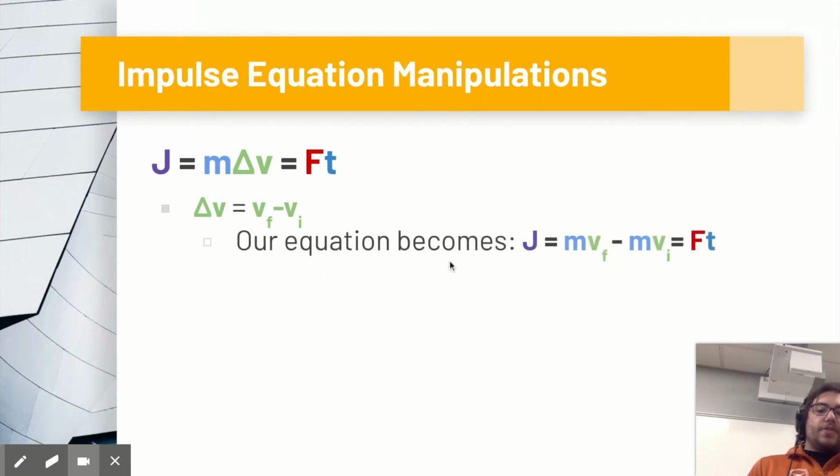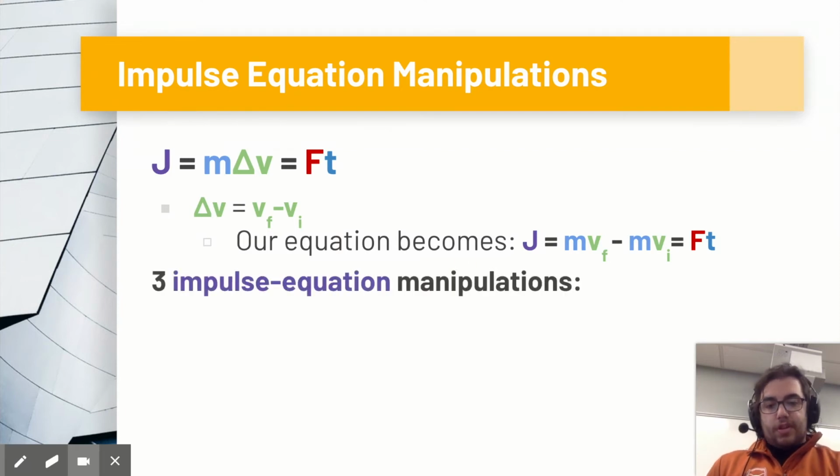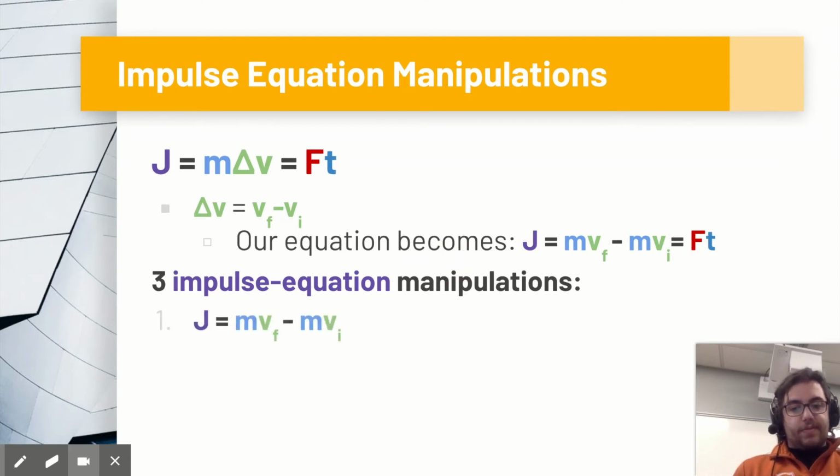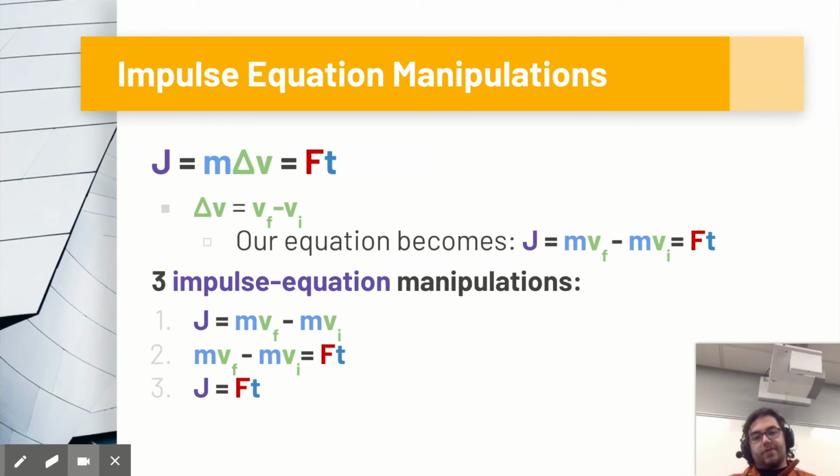And so our equation becomes J is equal to M times VF minus M times VI, which is equal to F times T. So the three manipulations of this formula are J is equal to M times VF minus M times VI, M times VF minus M times VI is equal to F times T, and J is equal to F times T. Those are literally the only three ways we will use this formula.